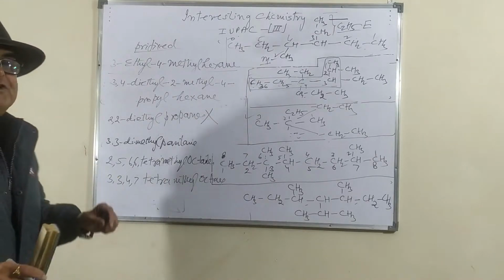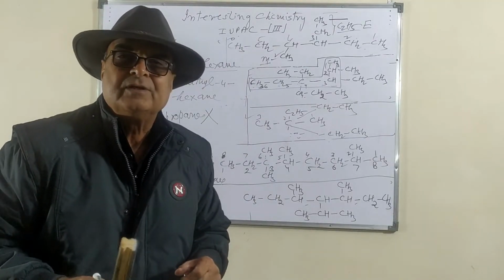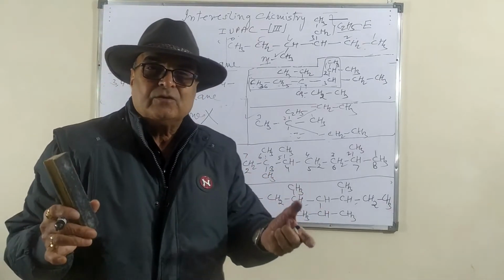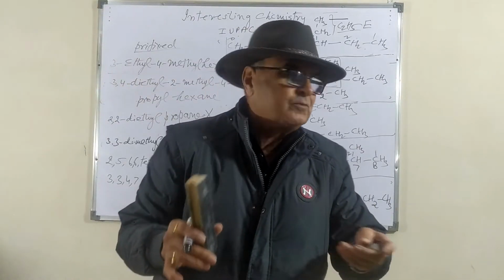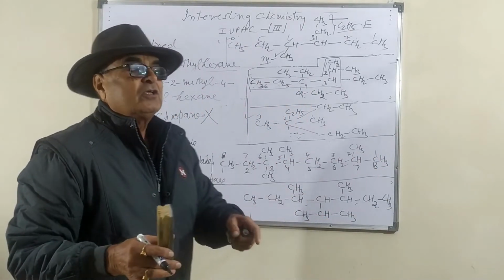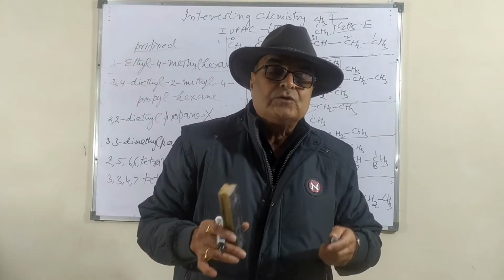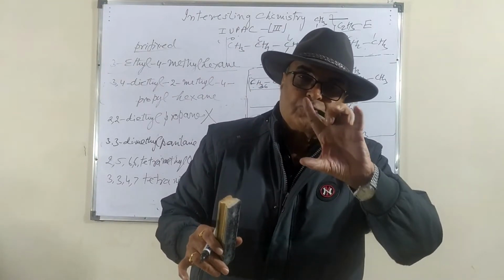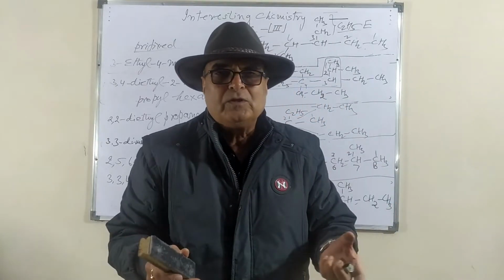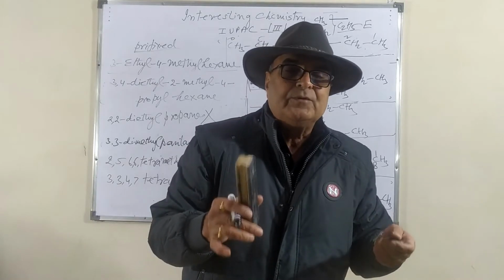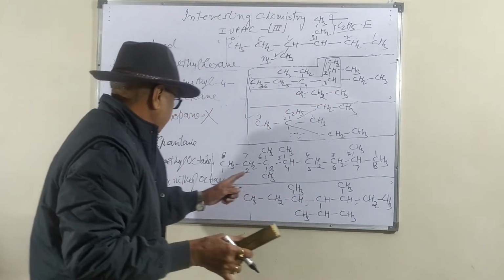So which name is correct? You should decide. We have written two names, starting from this end and from the other end. We should give the lowest number to the substituent groups. So how will you check which gives the lowest numbers?